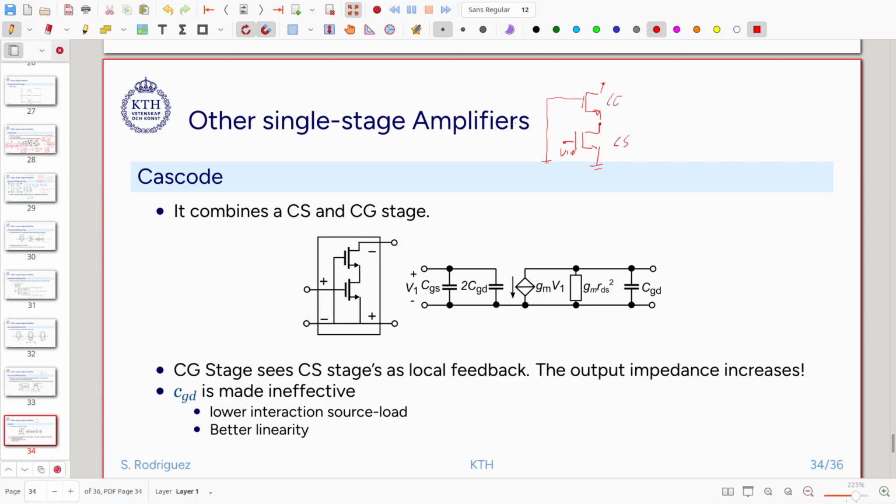Transistor. Then we can analyze these stages also using ABCD parameters.